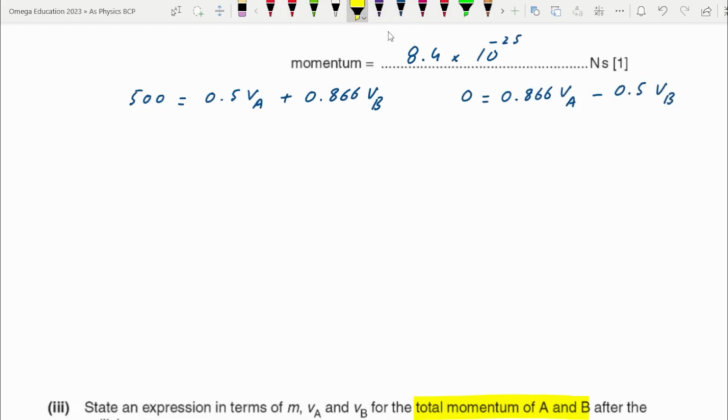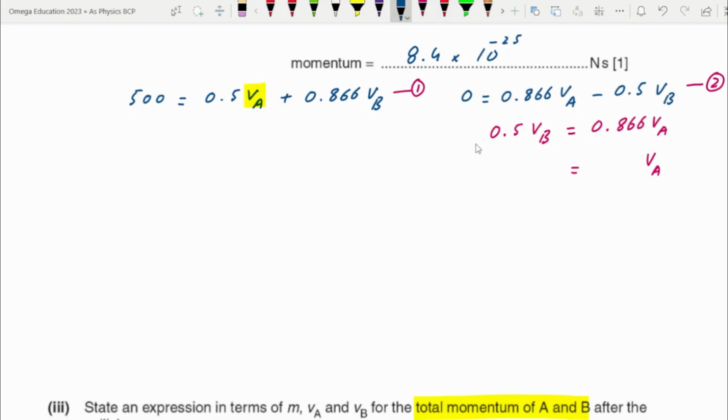Okay, so what I'm going to do is I'm going to plug the value of VA from the second equation. So I'm going to rearrange the second equation for VA and going to plug the value of VA in the first one. So if I rearrange the second one, it would be written as 0.5 VB equals 0.866 VA. Okay, and then VA equals to what?